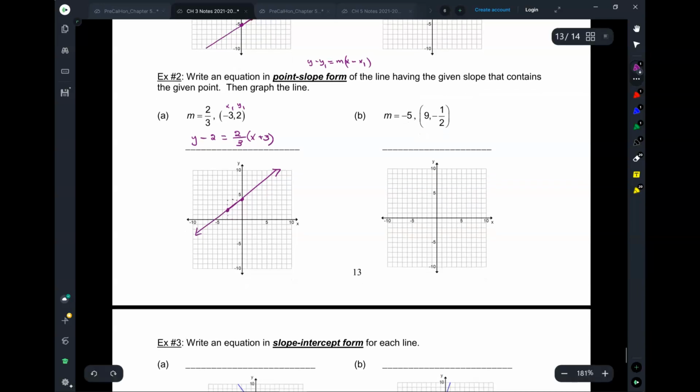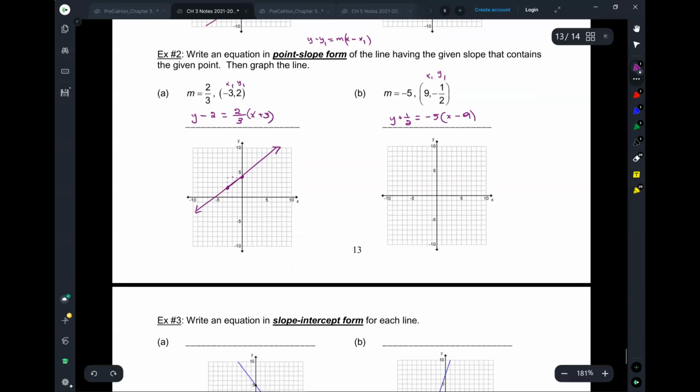Okay, next one. Point and a slope, okay? x1, y1. All right, so somebody tell me. It's y and then? Y plus a half. It's equal to? X minus 9. Okay?